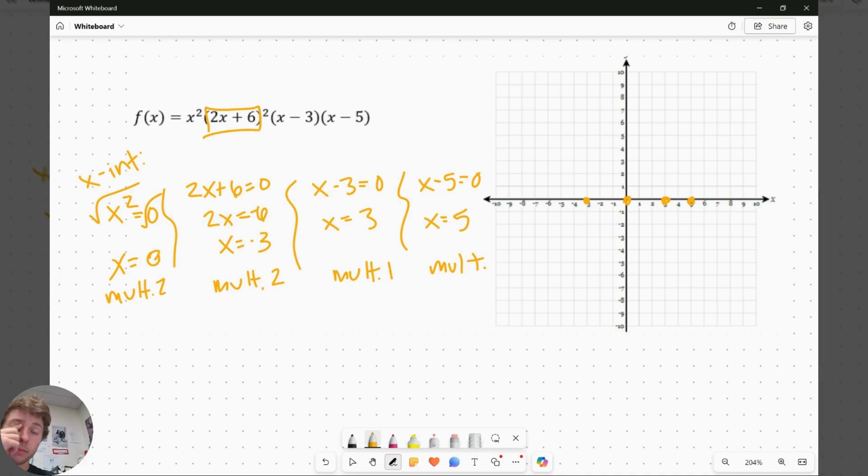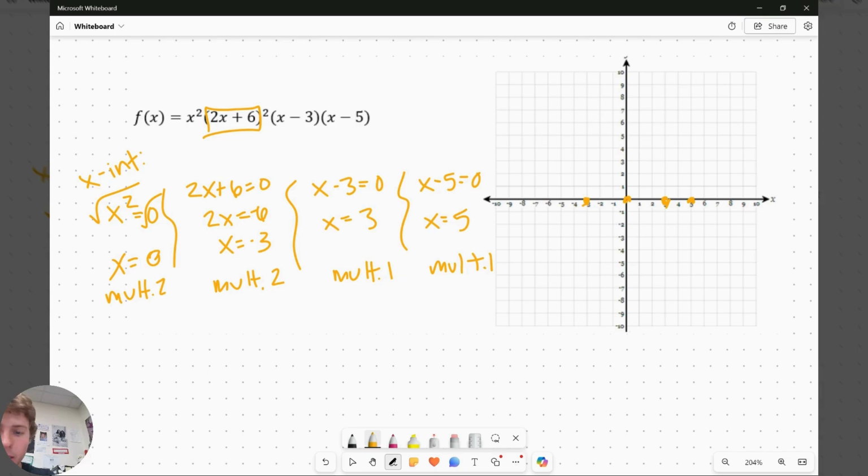Okay, well, that tells us what happens, but is it going to be on the bottom bouncing and then going through? Or is it going to be the complete opposite of that, where it might be on top instead? Well, the only way that I can figure that part out is by thinking about the end behavior. In this case, if I look at the multiplicity, we said our multiplicity is 2, 2, 1, and 1.